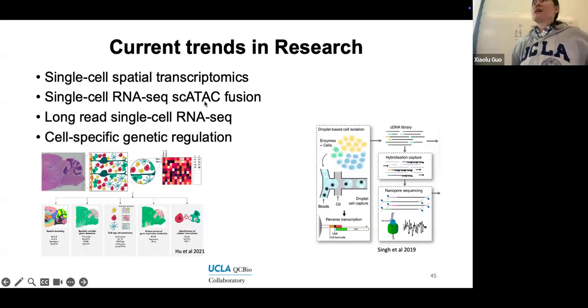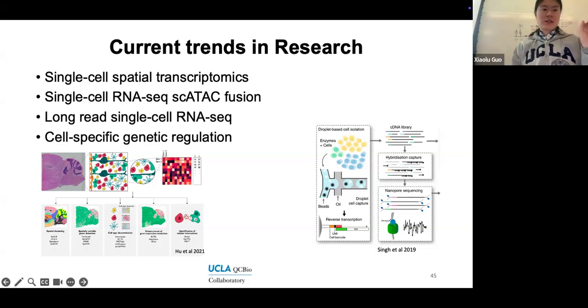Do you know what ATAC is? It's a type of chromatin assay. I can't remember what it stands for, but it looks at chromatin remodeling. Yes, it's chromatin accessibility. If the chromatin is open and not bound to histones and ready for transcription, that part can be captured, and that's ATAC.